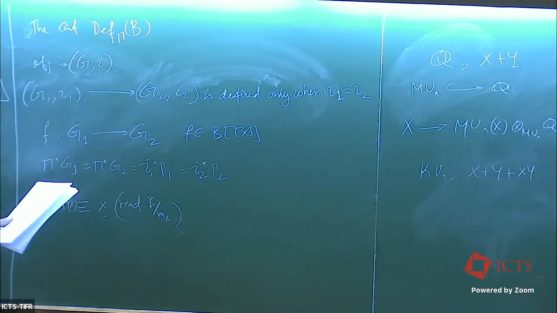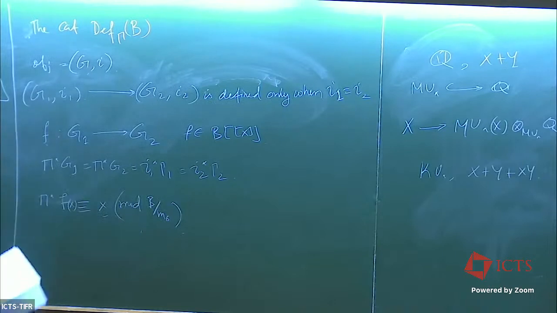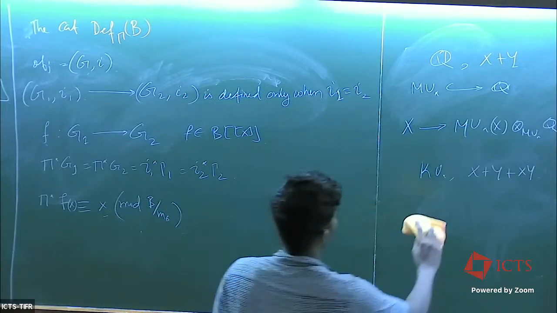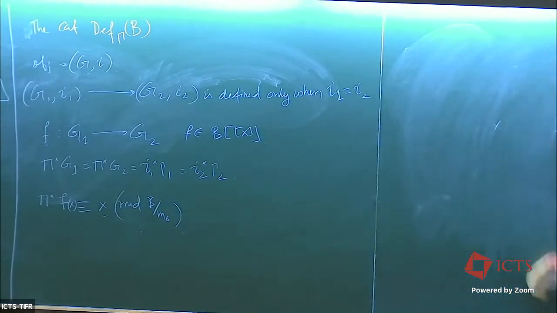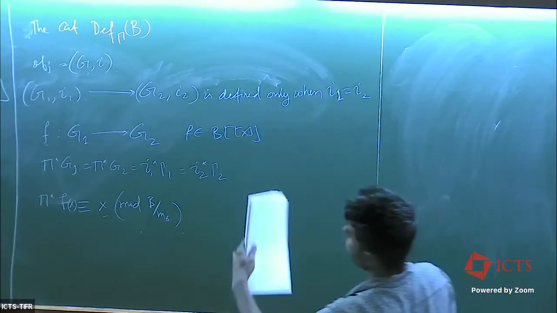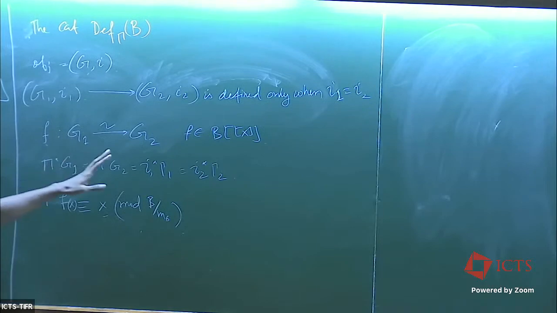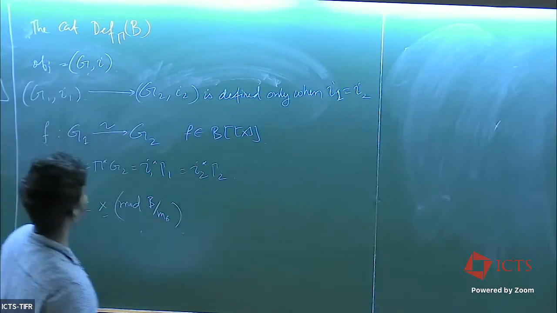So this is the identity morphism of these guys. Now, this category is a groupoid, because I started with this f to be an isomorphism between G1 and G2, so I can invert them. So this is a groupoid.